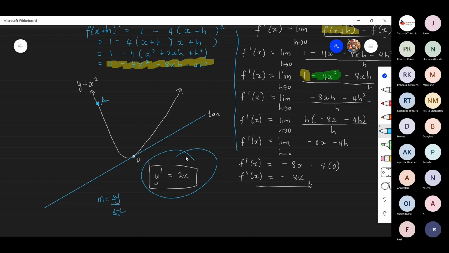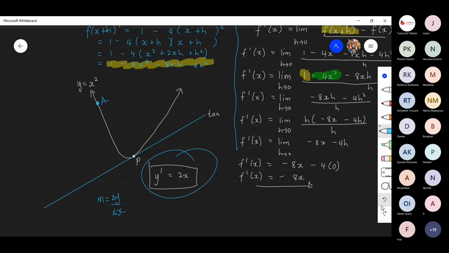And if you want to find the gradient of the tangent, you will use the equation of your derivative to find the gradient of the tangent at that point. So if you want to find the tangent that touches the graph at point P, you will substitute the x value of point P to get the gradient of the tangent at point P.